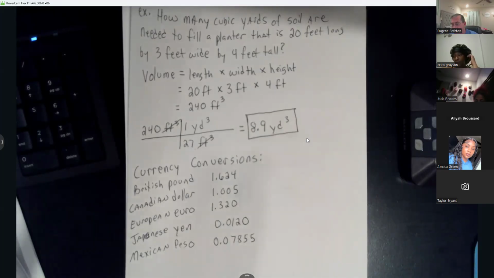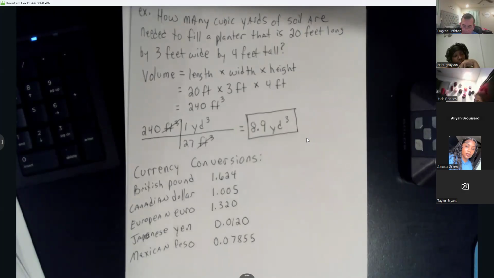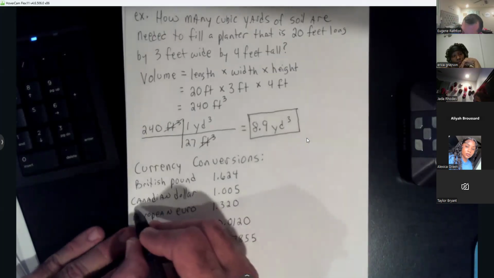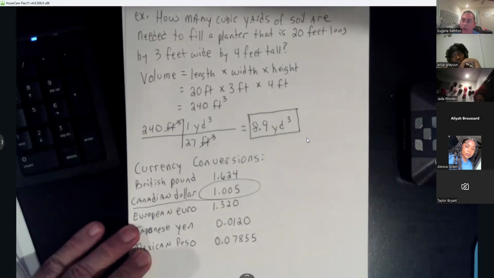All right, so let me show you an example of that. Well, we're going to convert from Canadian dollars into US dollars, and we'll use our little conversion right there.